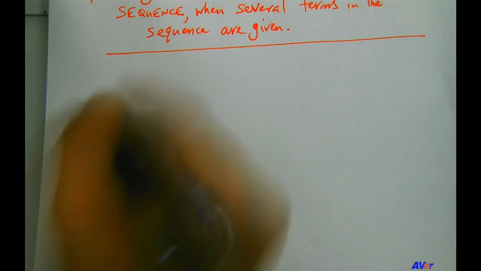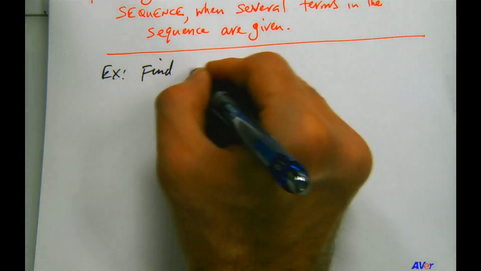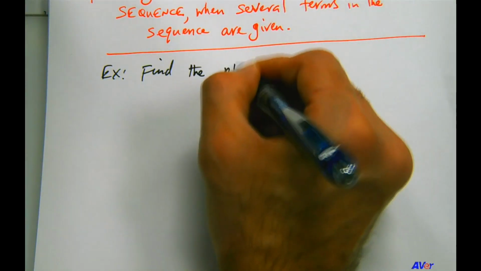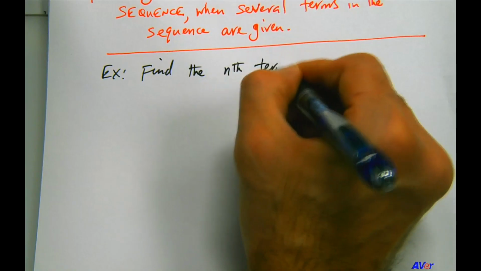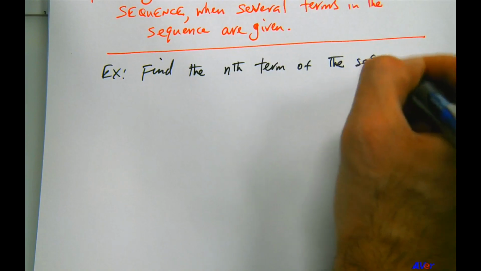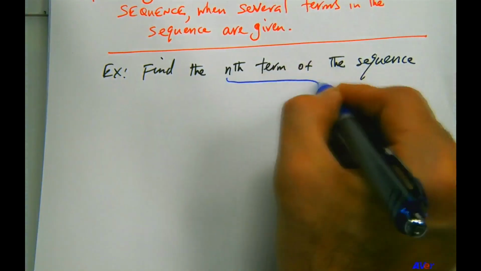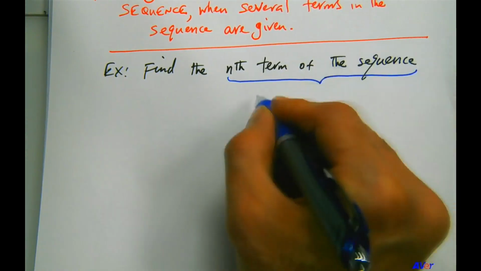So suppose we want to find the nth term of the sequence. In other words, this is another way of asking for the formula for the sequence.